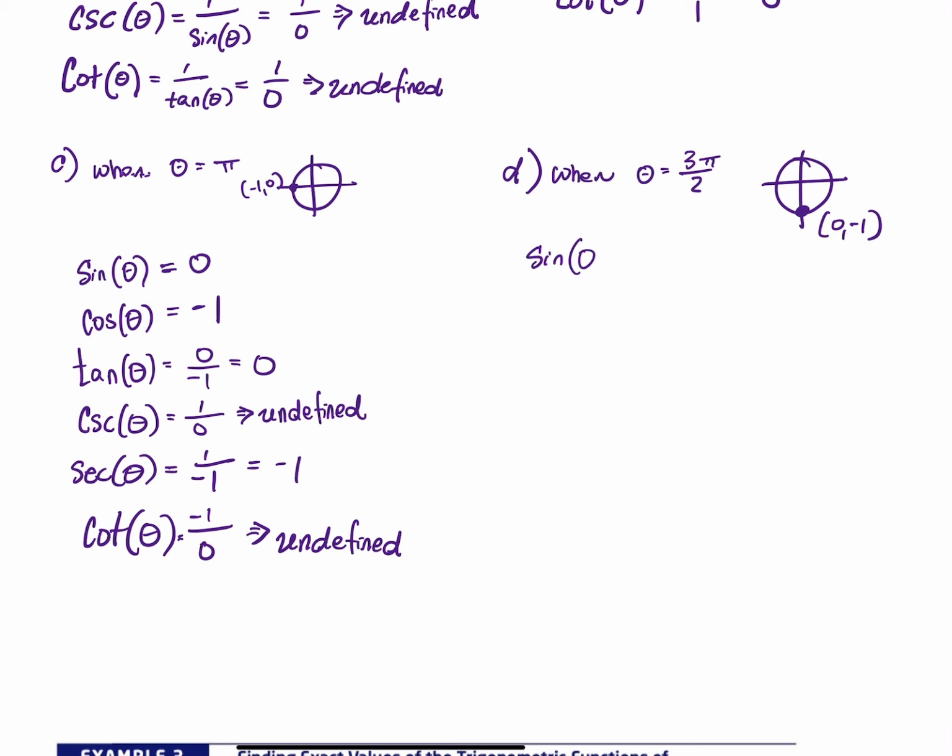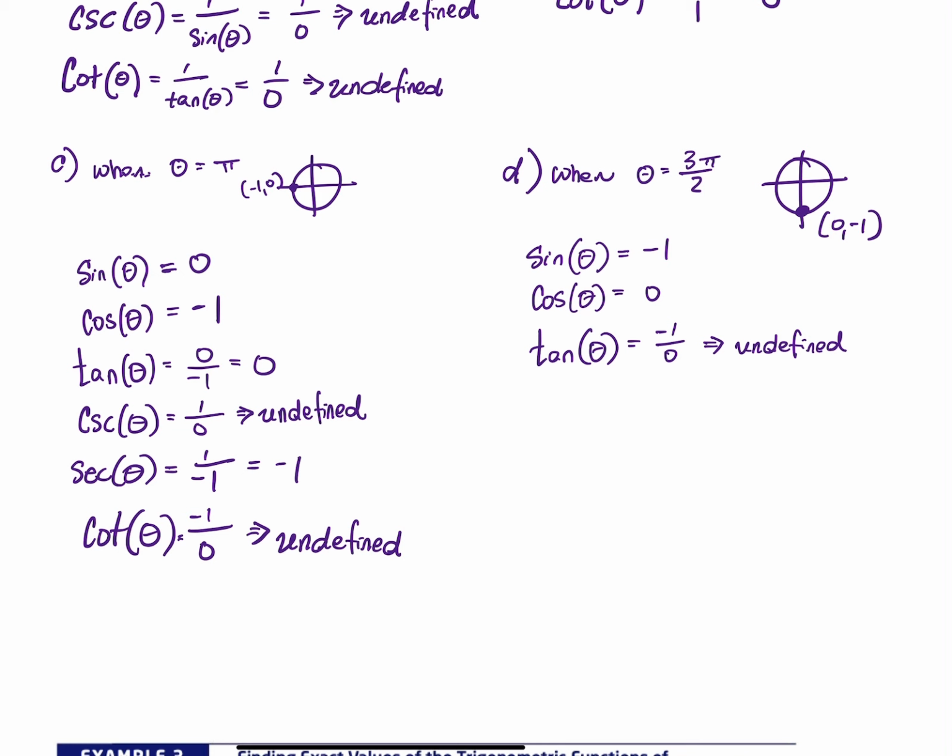Sine of this angle will be -1, the y-coordinate. The cosine will be 0, the x-coordinate. The tangent is sine over cosine, so -1 over 0, dividing by 0, undefined. So we were saying the tangent is undefined anywhere the cosine is 0, because you have to divide by 0.